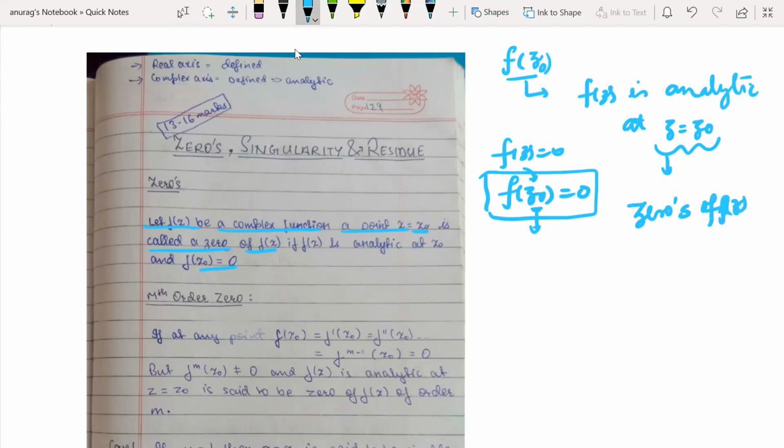It can be of first order, second order, or mth order. So let's see the definition of order.